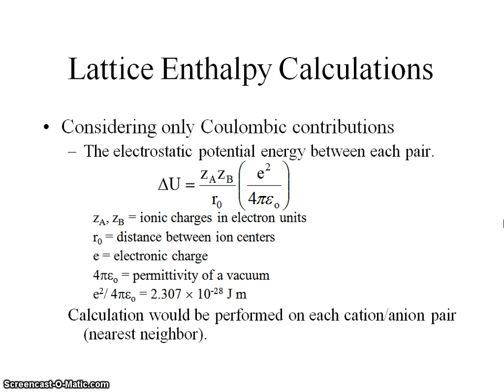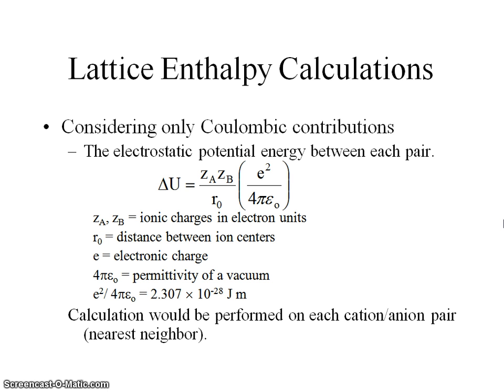Now, lattice enthalpy calculations. Considering only Coulombic contributions, the electrostatic potential energy between each pair, ΔU, is equal to ZA ZB divided by R0, times e² divided by 4πε0.